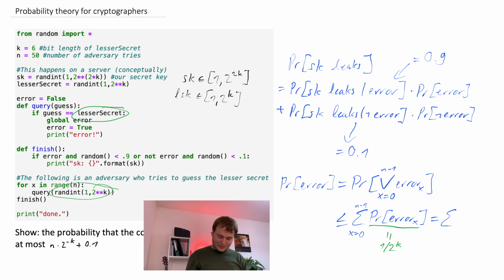Overall, we then sum up a bunch of 1 over 2 to the k's. And how many summands are there? There are n summands. So in the end, we get n over 2 to the k. So this is nice. Now we have learned that also the probability that an error occurs is at most n over 2 to the k.